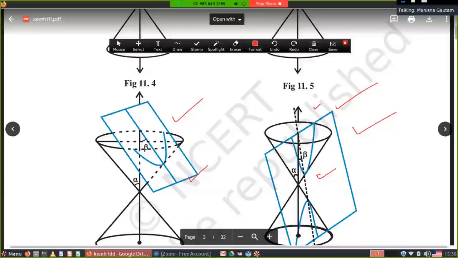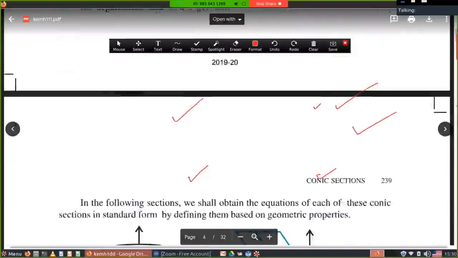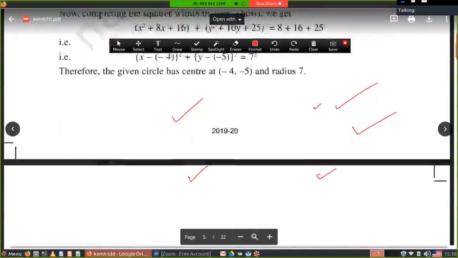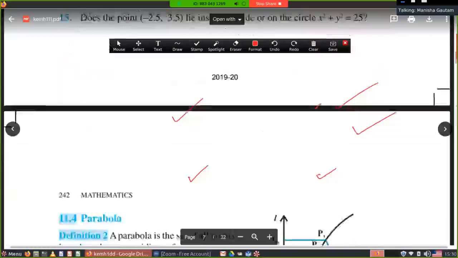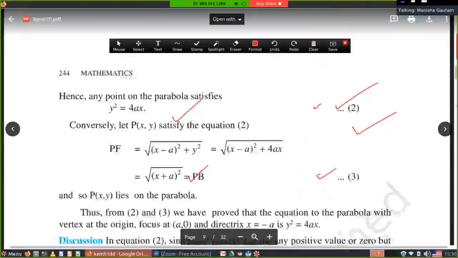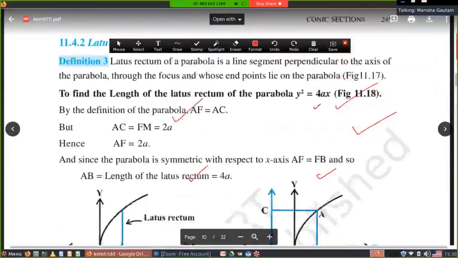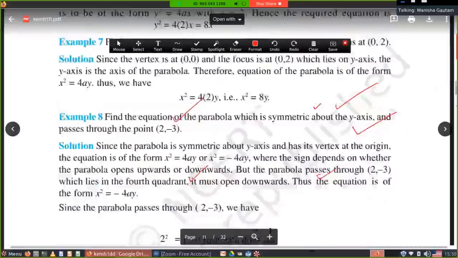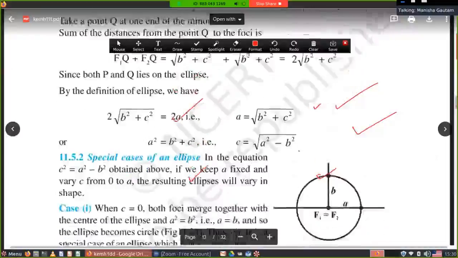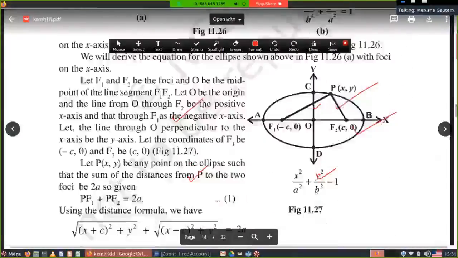On page number 256 we will get an idea of the center, vertex, focus, transverse axis, conjugate axis, and the condition where you know the equation of the hyperbola.